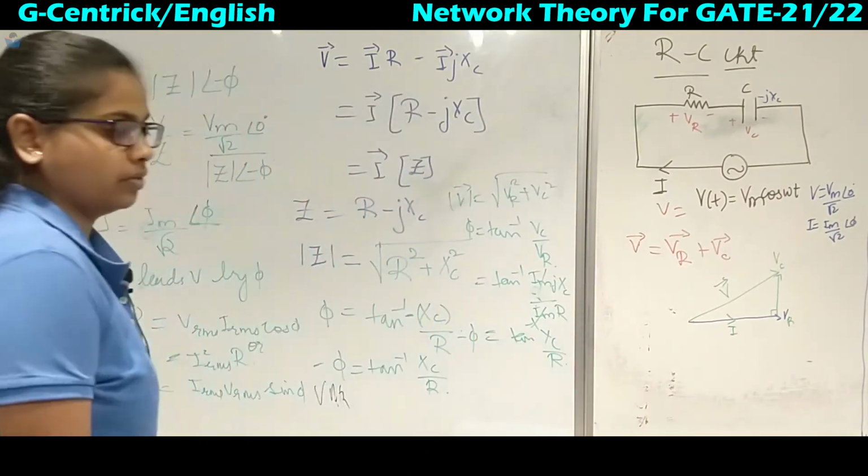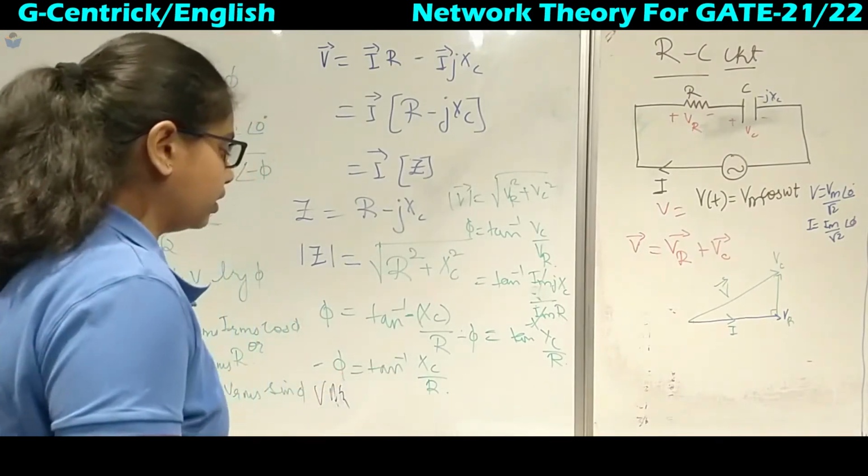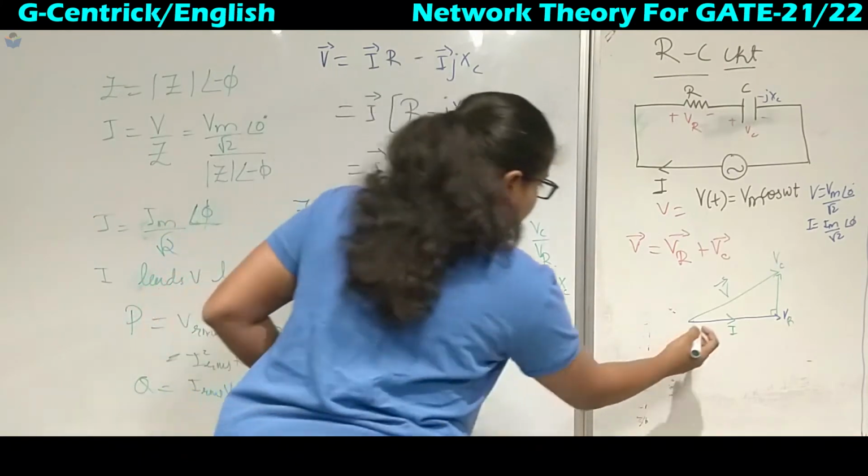This is tan inverse of Xc by R. So this is how you can take out the value of the angle phi.